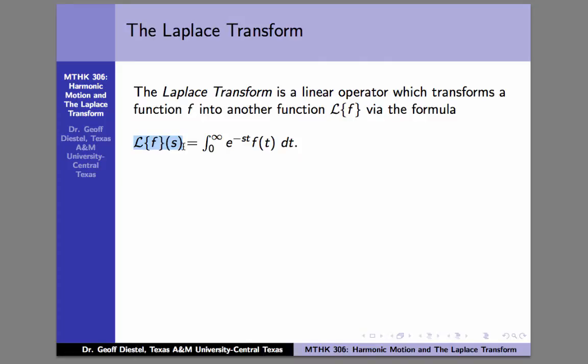This s is now the input of the new function L f. And notice what we're basically doing. We're integrating from 0 to infinity our function times an exponential, which has our integration variable t, but it also has this fixed number s. And so as we vary s, this integral has a different value. So this creates a function in s.